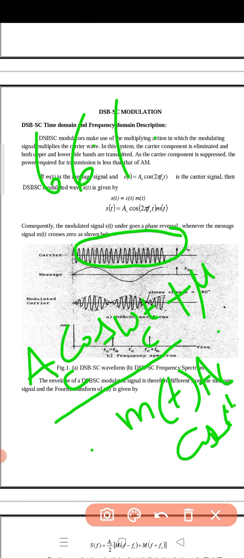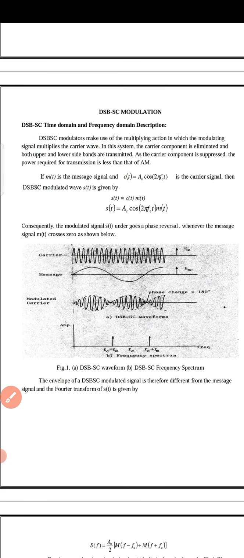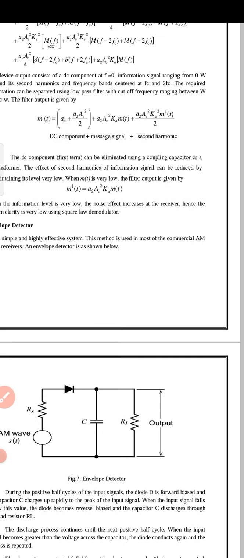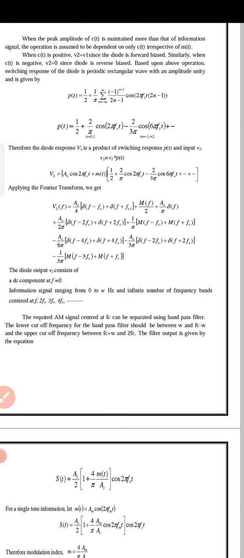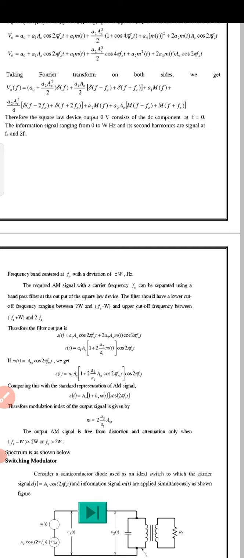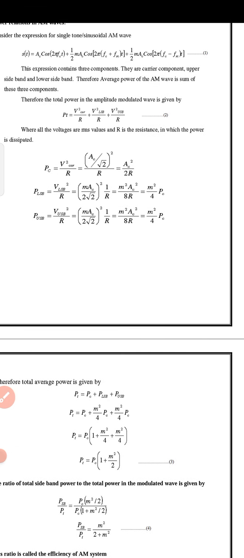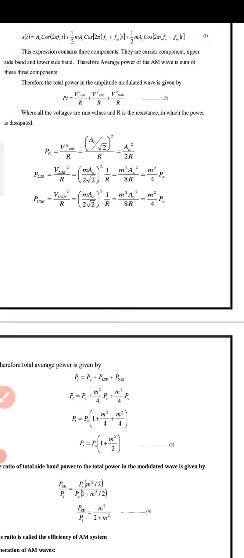We know the power relations of the AM wave, which I already told you. What is the carrier power? You don't forget, it is the carrier power, AC square by 2R.